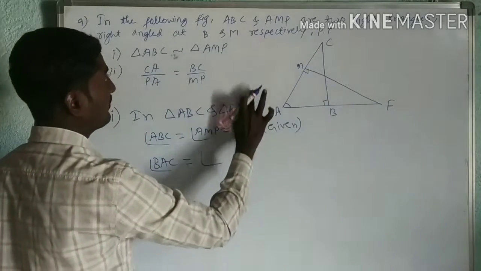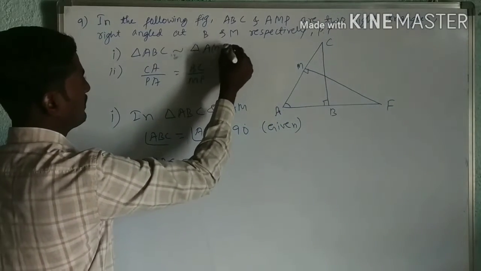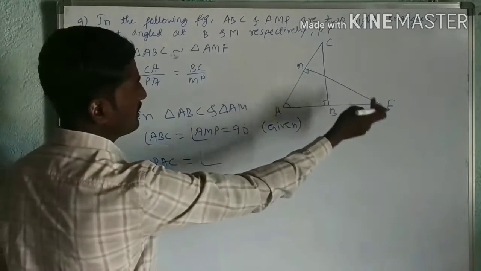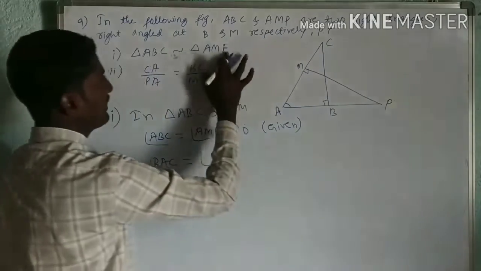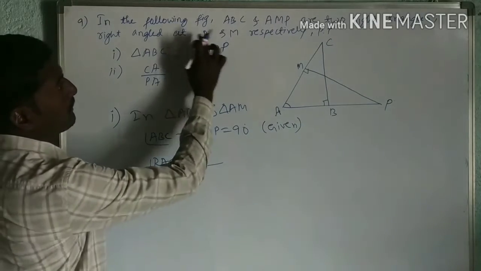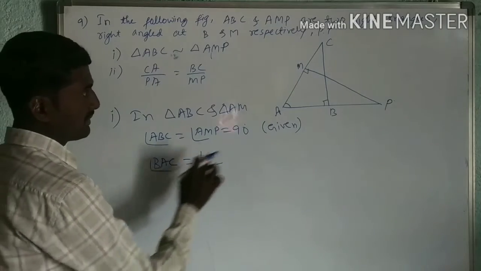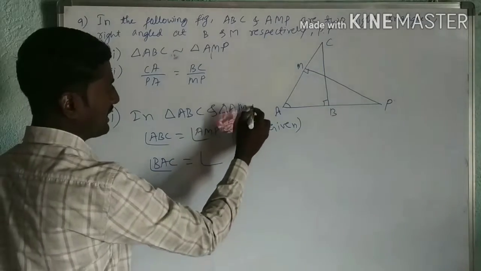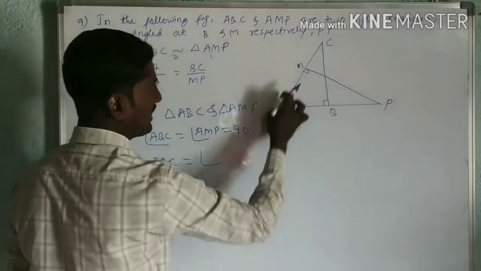Not F, I think it is P. Instead of this F, we can take this as P. So it is AMP. BAC is equal to, for the triangle AMP, this angle is common, that is PAM.